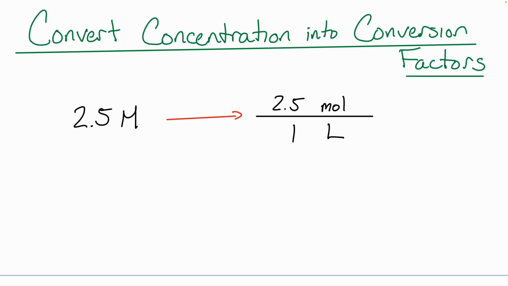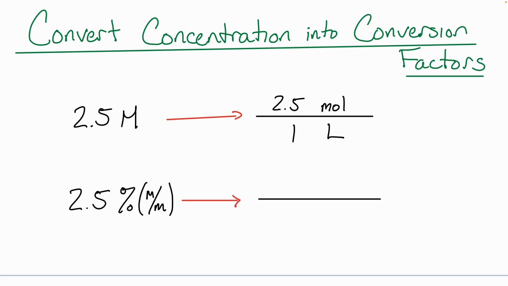All right? So what we're going to see is something similar. We've got our 2.5% M over M. We're going to take this and split it back up. Remember, that was grams solute over grams solution when we break up those units.